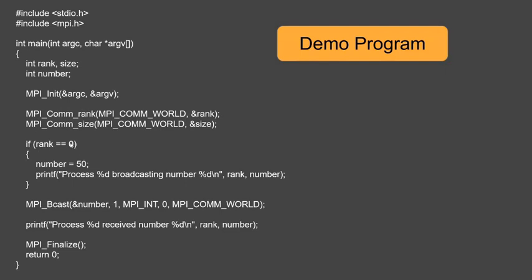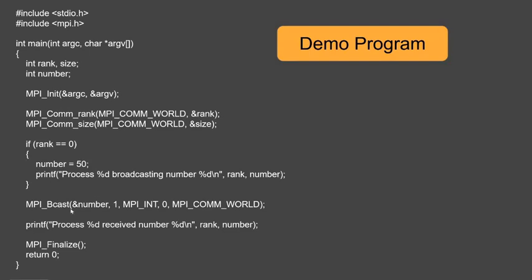So only process 0 can access this if block, and number is defined inside of this block. So only rank 0 will be able to access this. You will see in the live program that this statement is actually written here to show that only rank 0 is able to access this block.